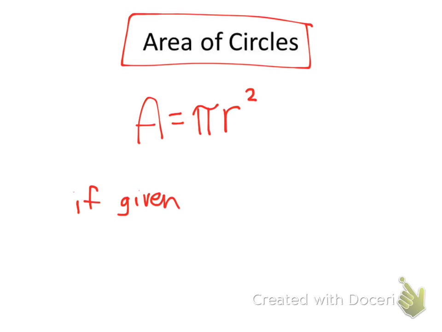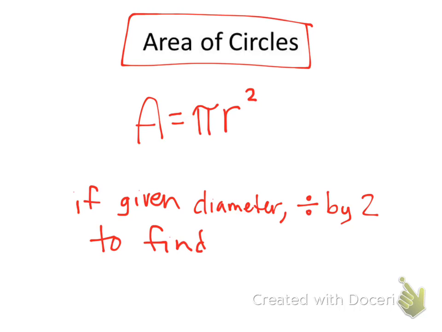Because there is no diameter formula. So if given diameter, what should you maybe... If you're given the diameter, how do you find the radius? Divide by 2. Yeah, so if you're given diameter, divide by 2 to find radius.